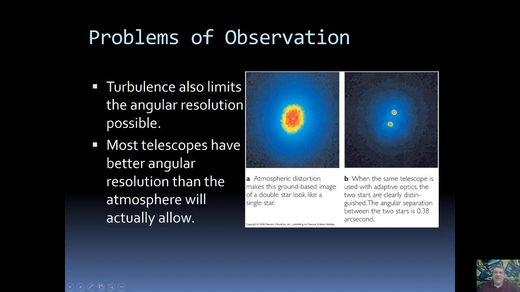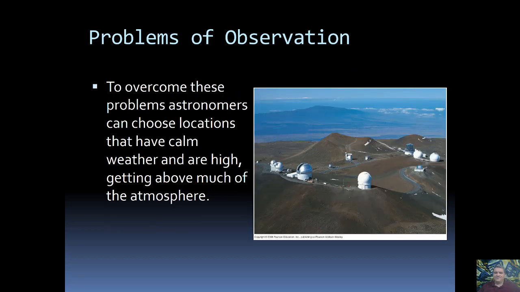However, when we take out those problems and get a much better angular resolution, you can see that there are in fact two different objects. And so the atmosphere actually affects how good an angular resolution you can get. The observing conditions are what we often refer to as seeing, the seeing conditions.